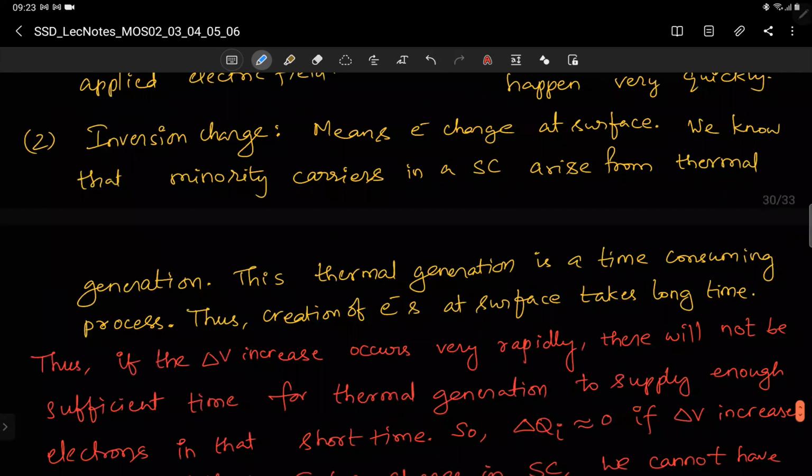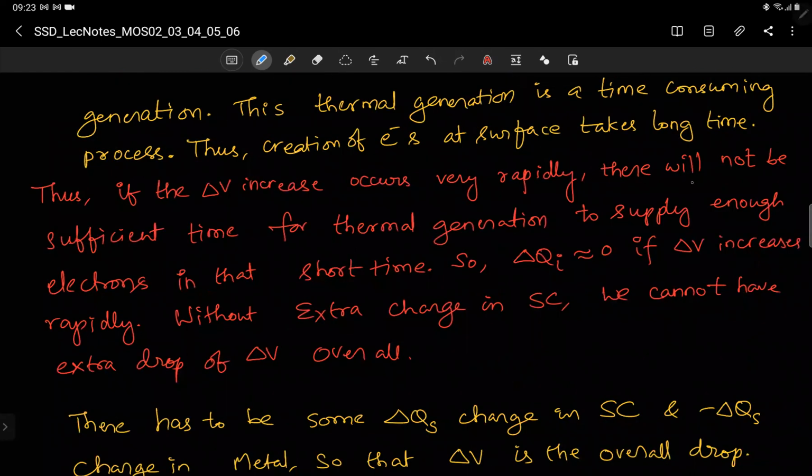So if the delta V increase occurs very rapidly, there will not be sufficient time for thermal generation to supply enough electrons in that short time. So delta Qi will be approximately 0 if delta V increases rapidly. Earlier we saw that for any increase in voltage, the change in charge comes from inversion charge, that is, an increase in electron concentration.